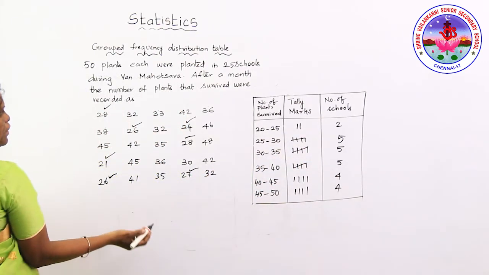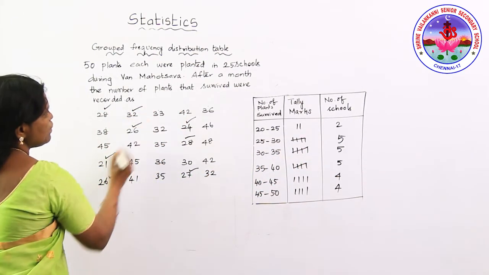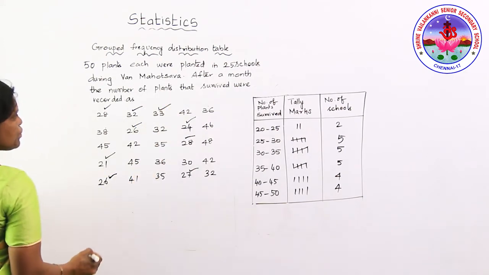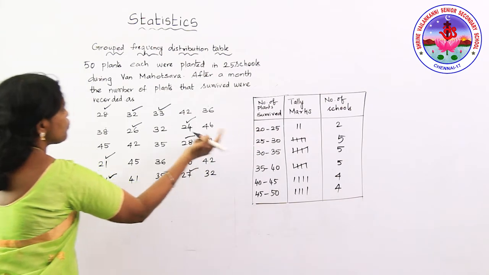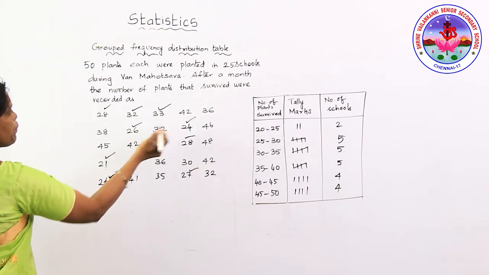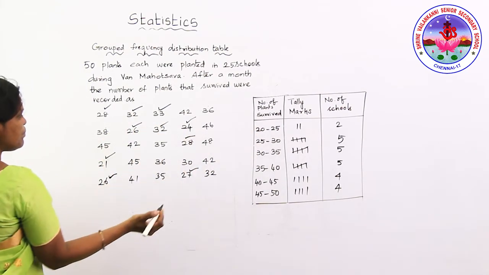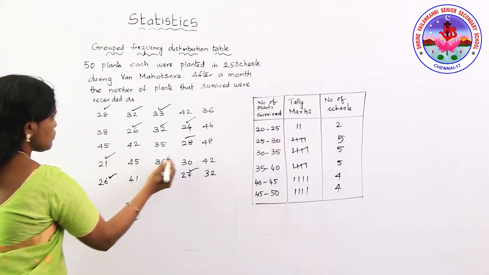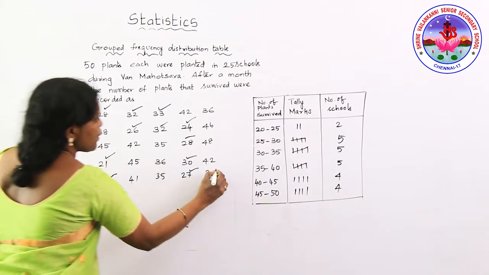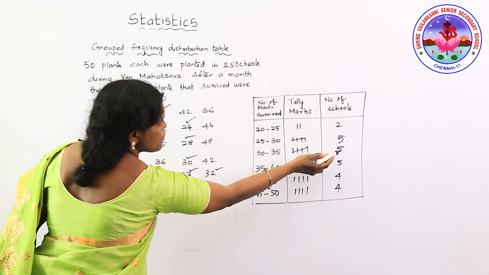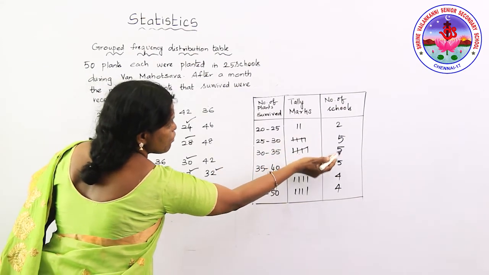Similarly 30 to 35, I find 1, 2, so 35 will fall in the next group. So 30 to 34: 1, 2, 3, 4, 5. So totally 5 schools, 5.